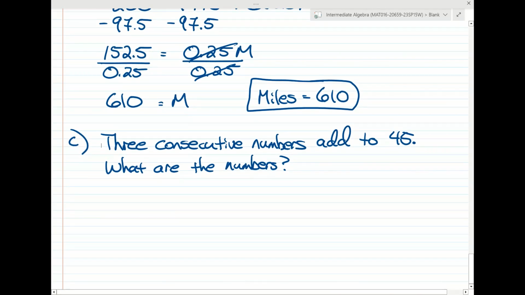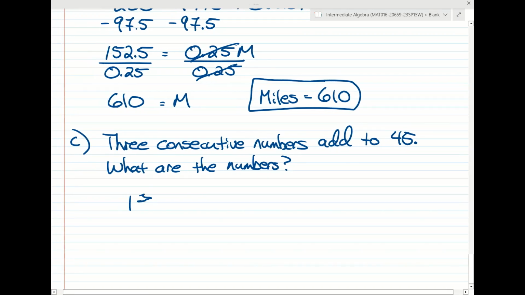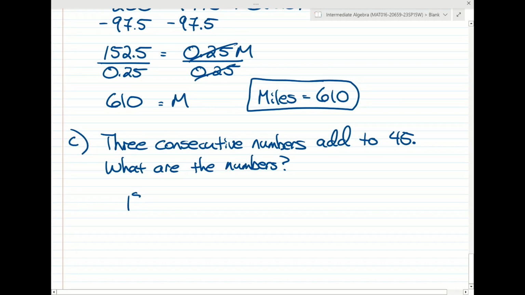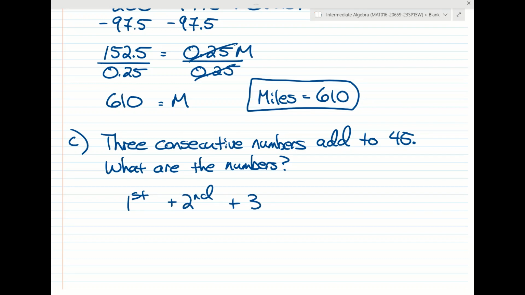What does consecutive mean? In the sequence, right? So one right after the other. 1, 2, 3, 4, 5, 6. Consecutive even numbers would be like 2, 4, 6, right? But for this, it's just asking us for 3 consecutive numbers. So we have the first number plus the second number plus the third number, and that equals 45.